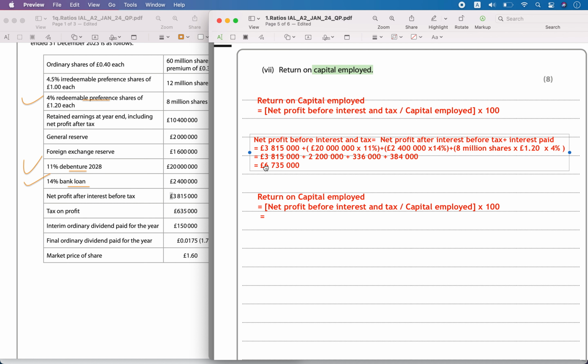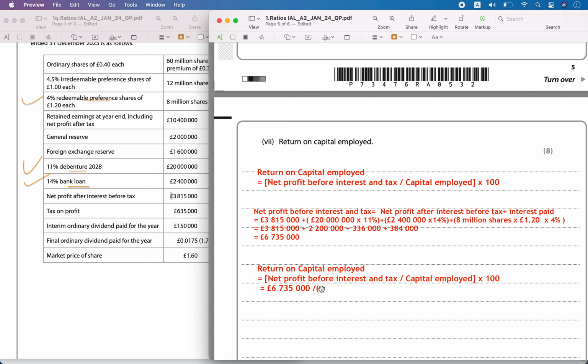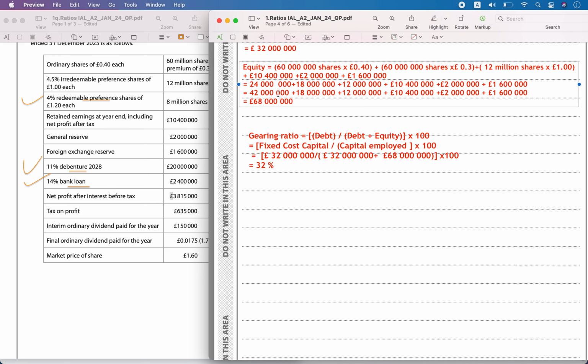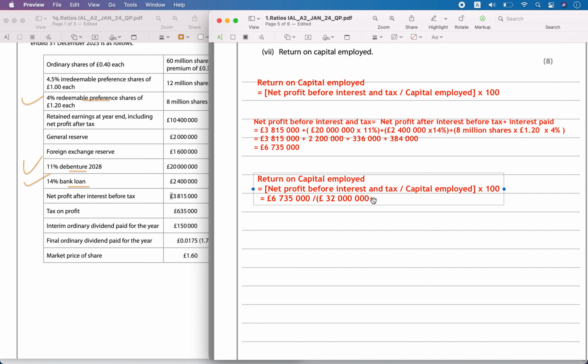So that is going to be equal to this value, 6,735,000, the net profit before any tax or interest was paid, divided by the capital employed, which is total debt plus equity. Total debt was 32 million plus the equity, which is 68 million.